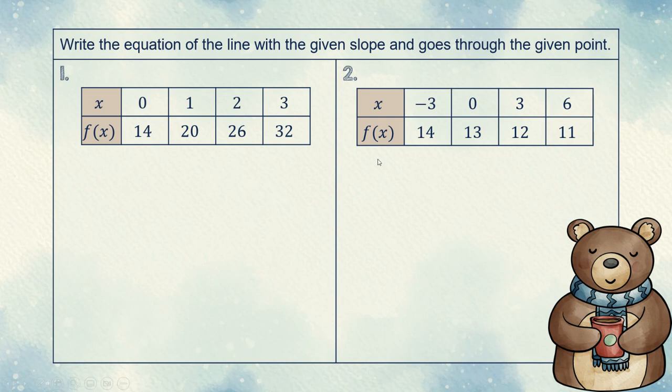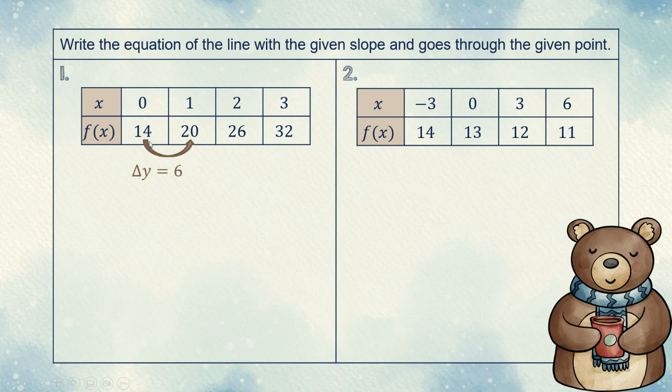Remember, we always have an x row or an x column, depending on whether the table is vertical or horizontal. Here we have an x row because it's a horizontal table, and we have a y row. I know it says f of x, but remember f of x and y are actually the exact same thing. To find slope, we need our change in y, which in this case is 6.